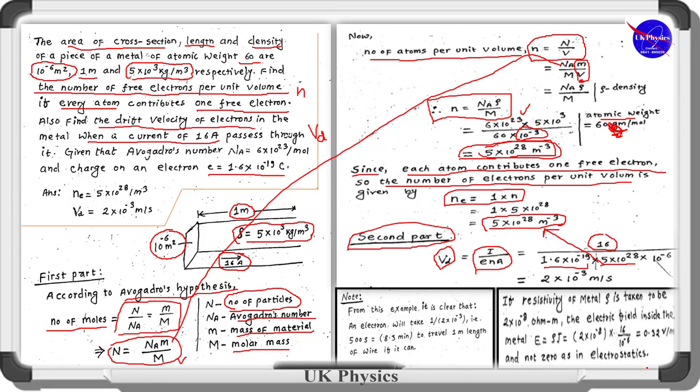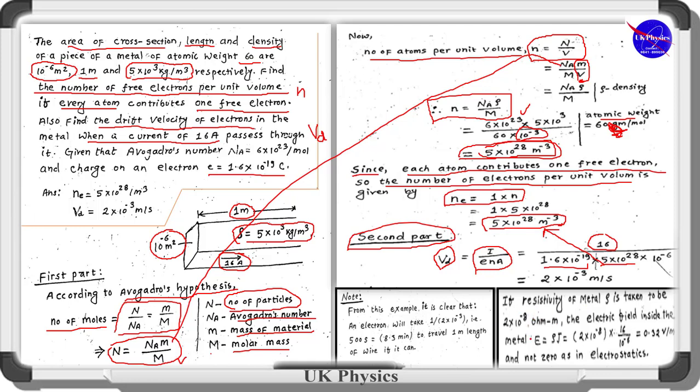In electrostatics we had assumed that the electric field inside the metal is zero, but in this case the electric field inside the metal is not exactly zero, because we suppose the resistivity of the metal is 2 × 10⁻⁸ ohm meter, right?